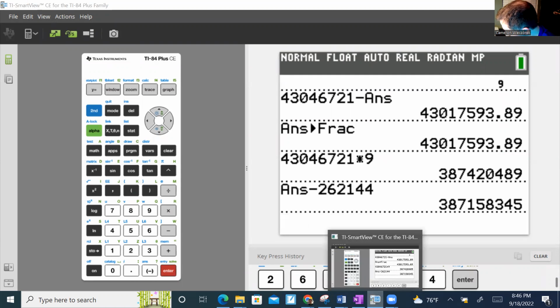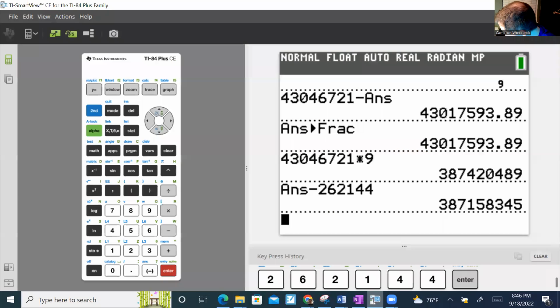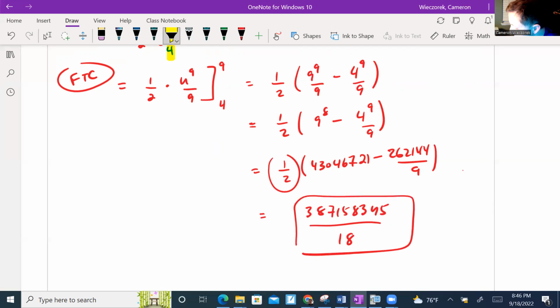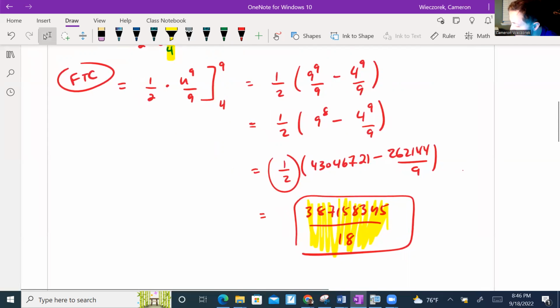There we go. 387,420,489 minus 262,144 gives 387,158,345 over 9, then we have a times 1/2 out front, so this will be over 18. That's an acceptable way to leave our answer. Most likely a problem you'll encounter will have much nicer powers to work with that are not so big, but that gives you the idea of making sure you can switch the bounds.